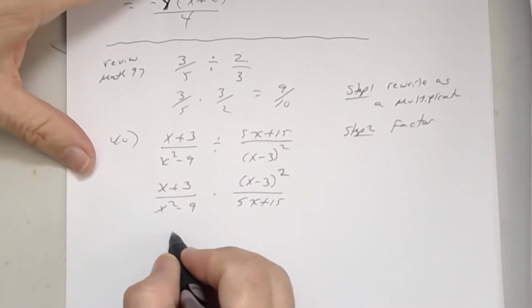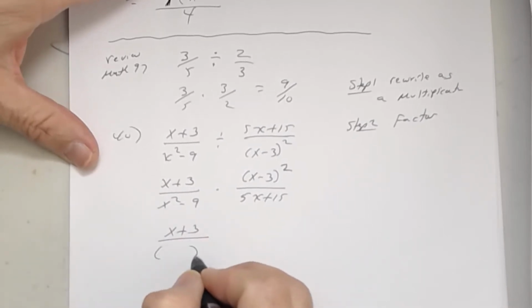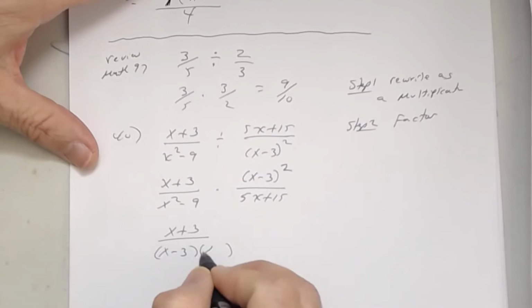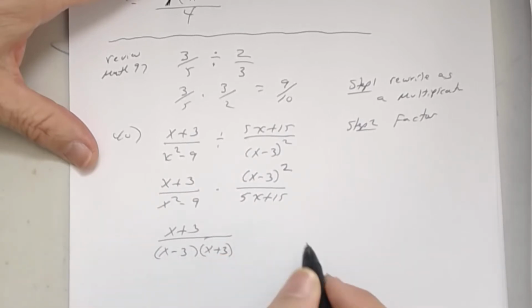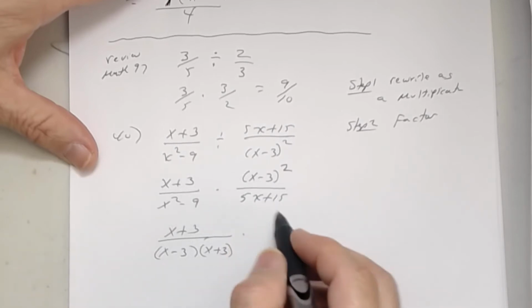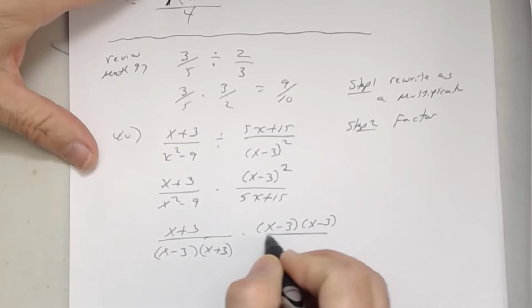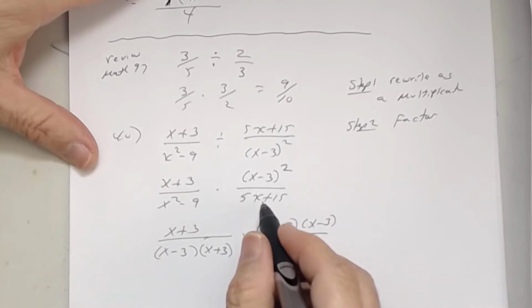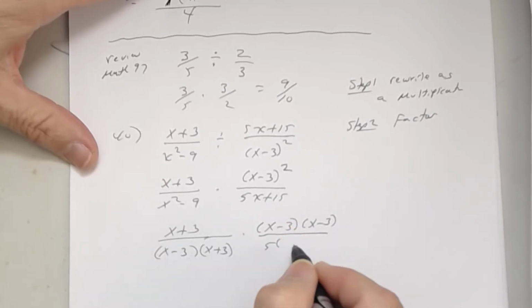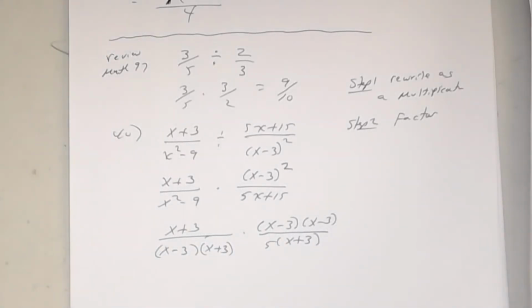I'm going to say x plus 3 divided by x minus 3 times x plus 3, the difference of 2 squares. And you can write this as x minus 3 times x minus 3. How do you factor the denominator? 5 times x plus 3. So that's where I'm at. That was step 2.